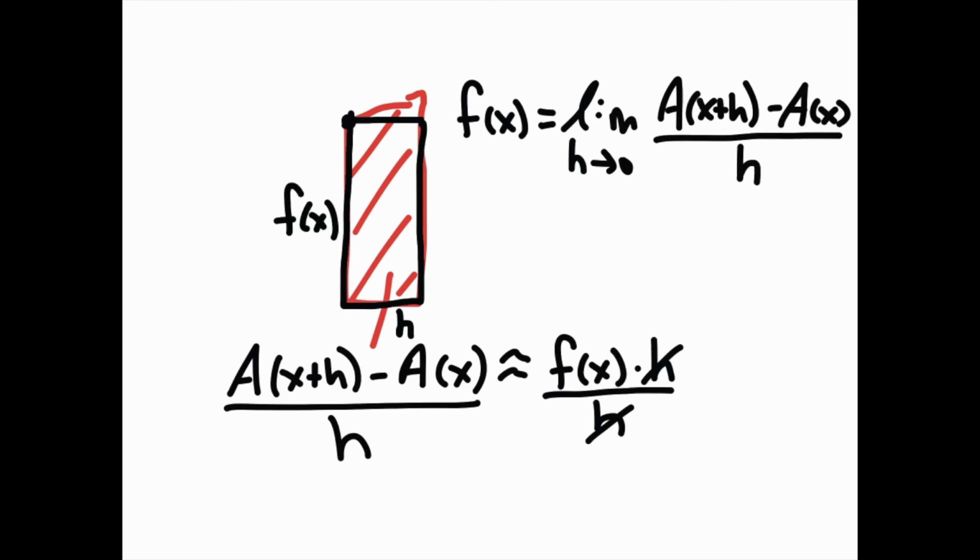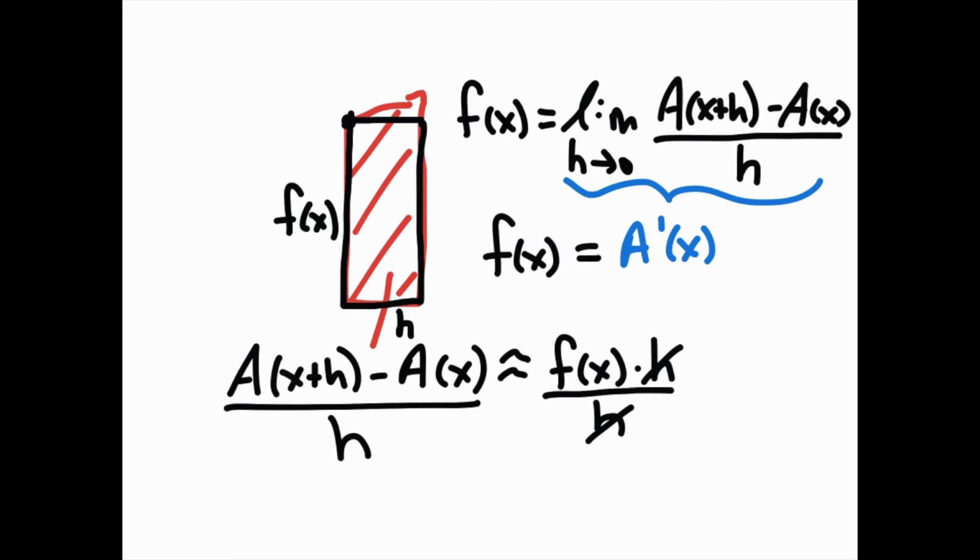And on the right side there, all of this would just be the derivative of A with respect to x. And on the left side, we have the top border of that area.